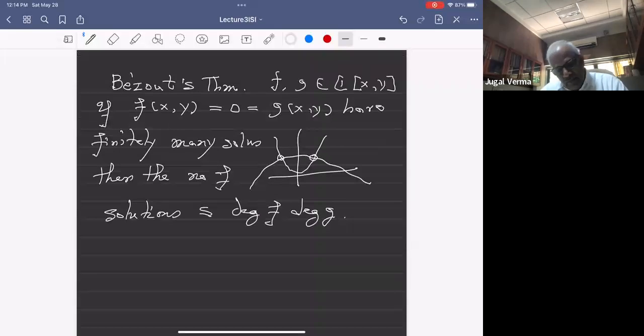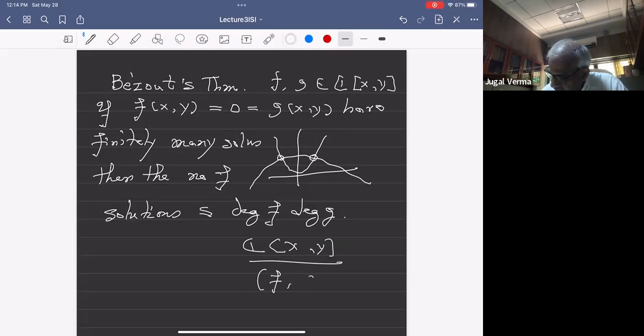You see, we proved that if there are finitely many solutions, then we take C[x,y] over the ideal generated by F and G, and we showed that its dimension is an upper bound. Number of solutions is bounded by this, but Bezout's theorem is more precise.